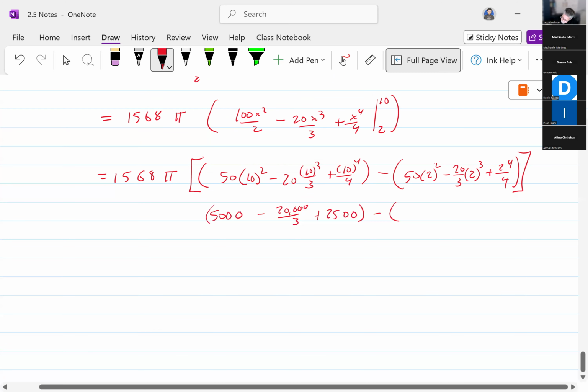This is 50 times 4, which is 200. This is 8 times 20, which is 160 over 3. And then this is 2 to the 4th, which is 16 over 4, which is just 4.